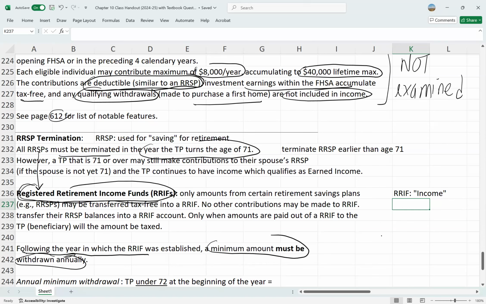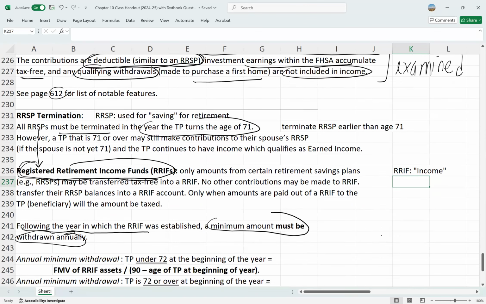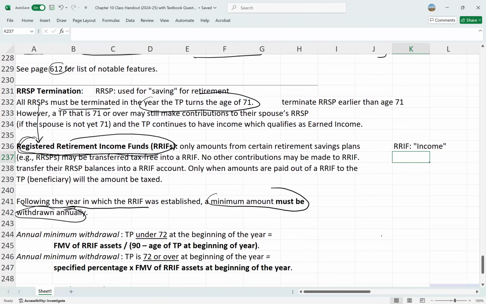And that minimum will change every year. The way the minimum is calculated depends on your age. If you are under 72 at the beginning of the year, then you use this formula. You take the value of your RRIF, divide by 90 minus your age. If you are 72 or older, then you take a certain percentage multiplied by the fair market value of your RRIF.